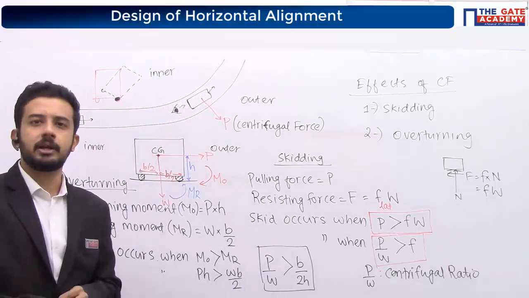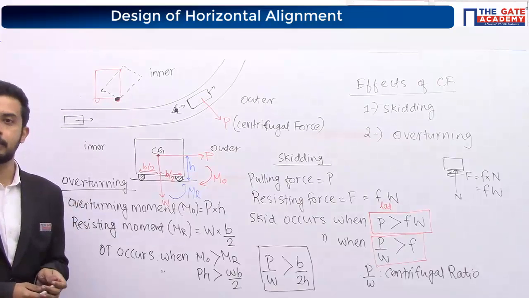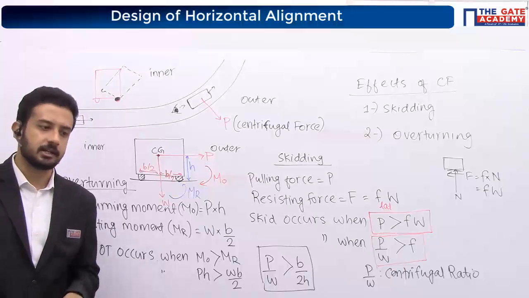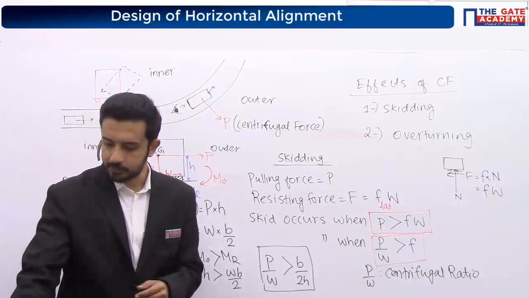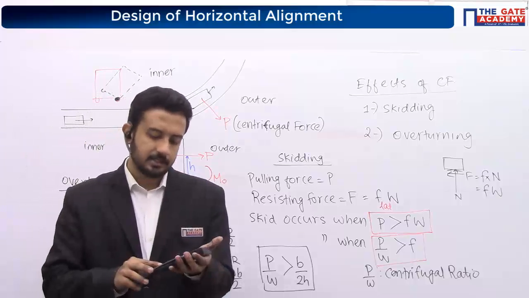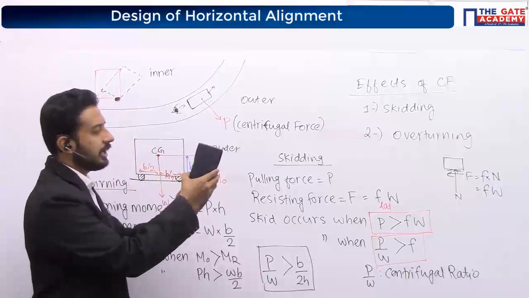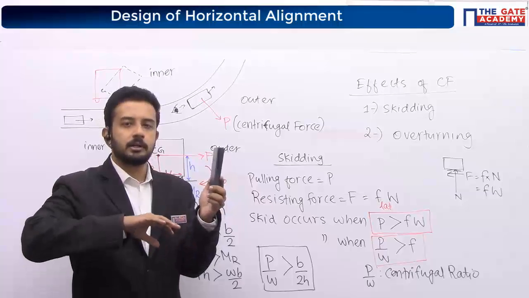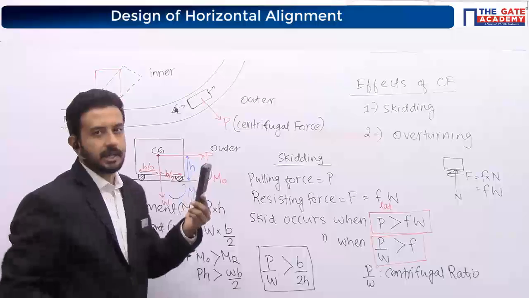Why not turn about the left tire? See, in which direction is the centrifugal force acting? About this point only the centrifugal force is acting. Then it will turn about that point only, no? How can I show you an example? See, this is your vehicle. Somewhat like this. In which direction is the force acting? Towards this direction.